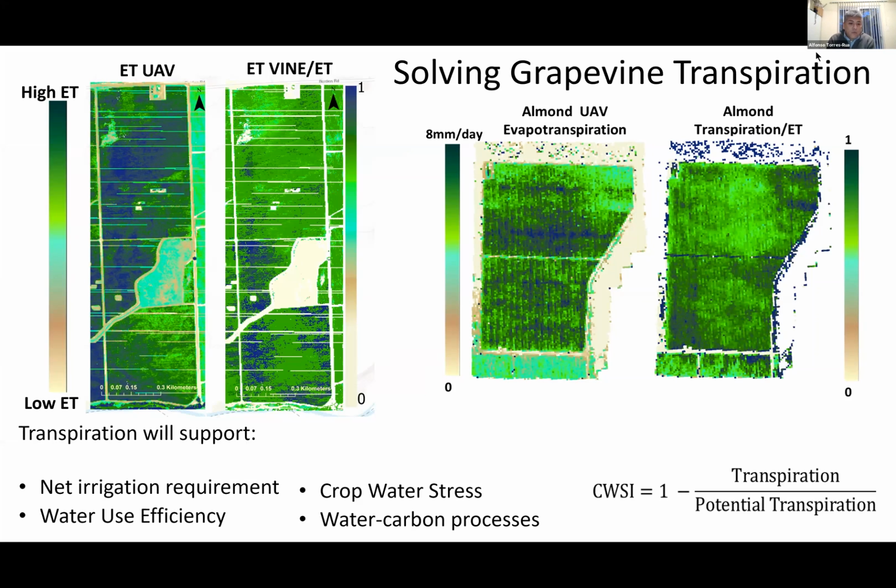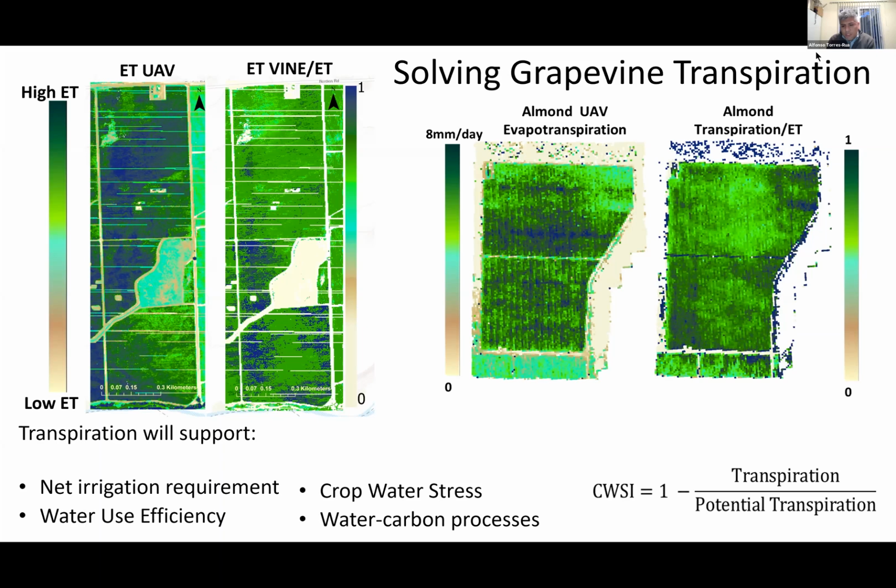For starters, we can see that it can help us to provide information regarding net irrigation requirements, for localized irrigation systems. By removing the contribution of the interrow to the evapotranspiration, it can help us redefine water use efficiency in terms of water applied versus water transpired instead of evapotranspiration.